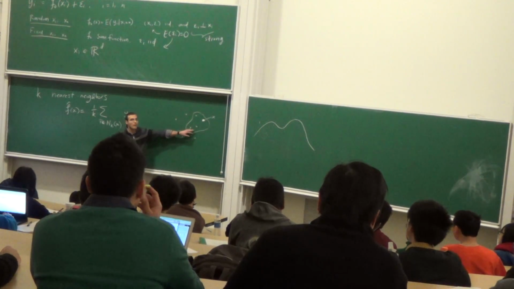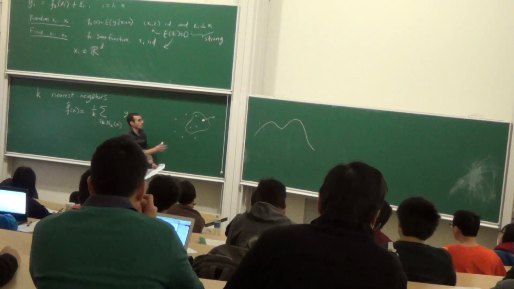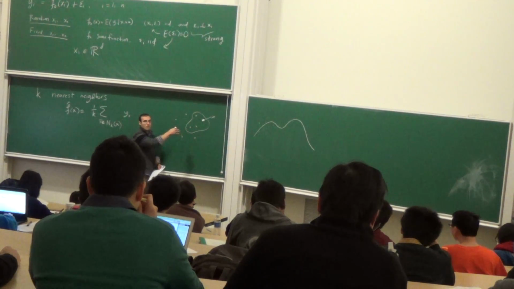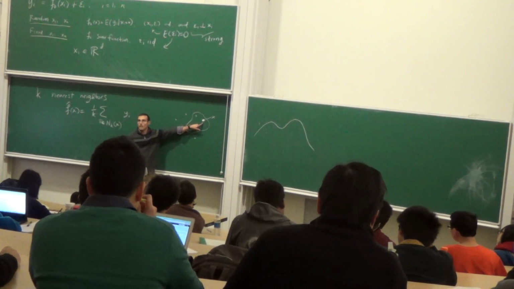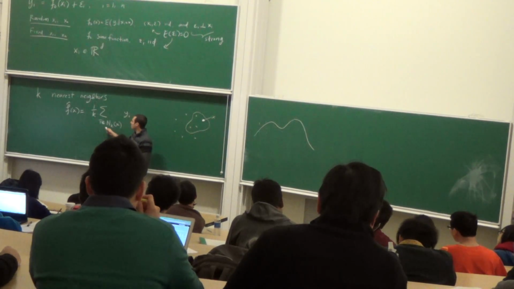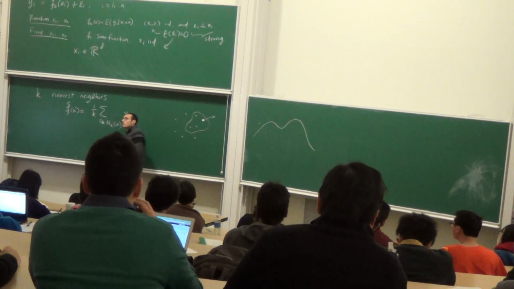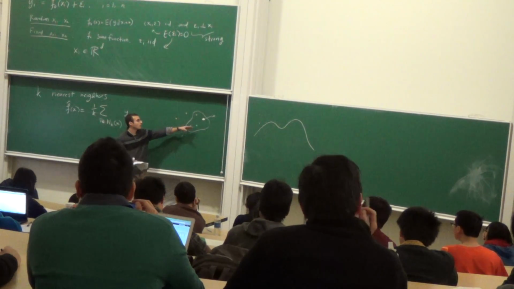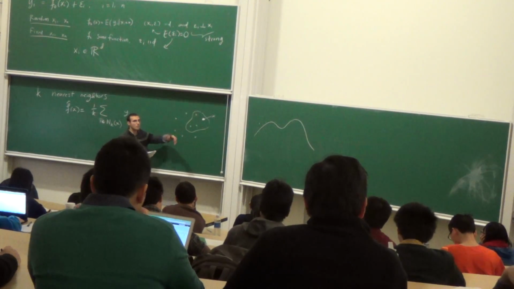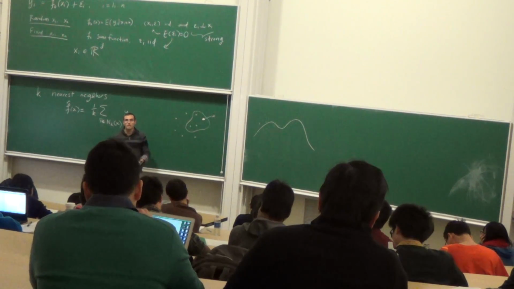I take their y_i values. Think of some curve coming out of the board. I take the height of that curve over these three values, and I average it. And that's what I predict at x. That's all k-nearest neighbors is doing. It's very simple. It's just like a local averaging, where the local neighborhoods are defined by the geometry of these input points x.